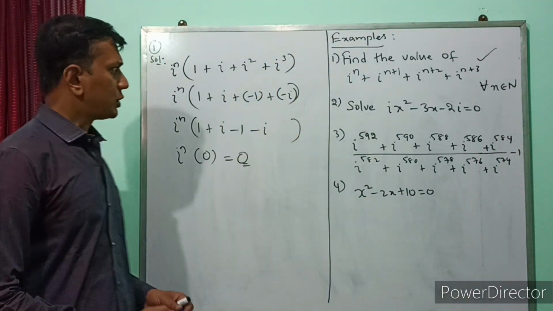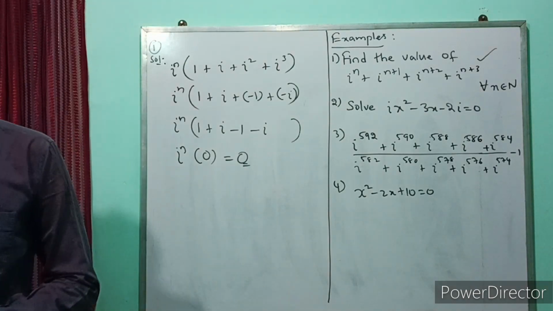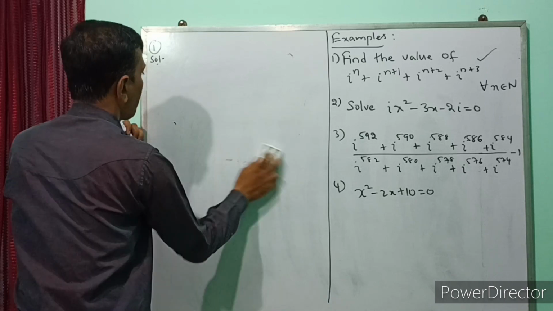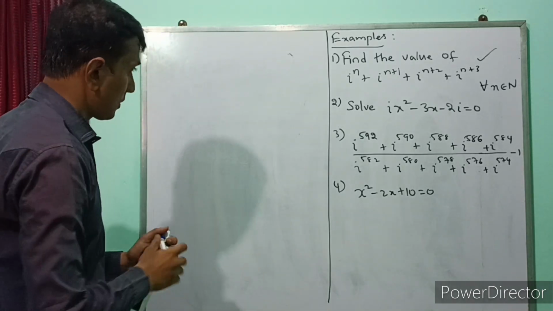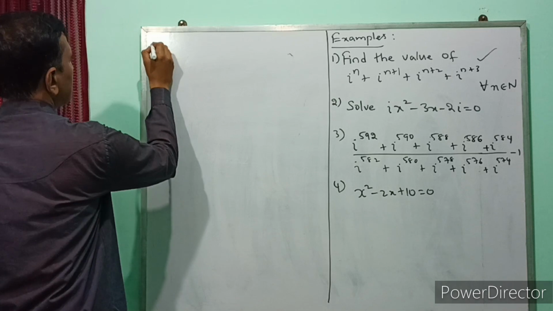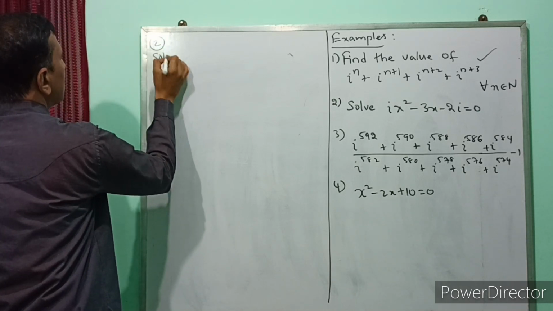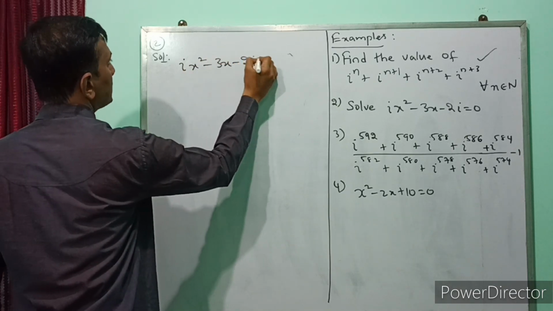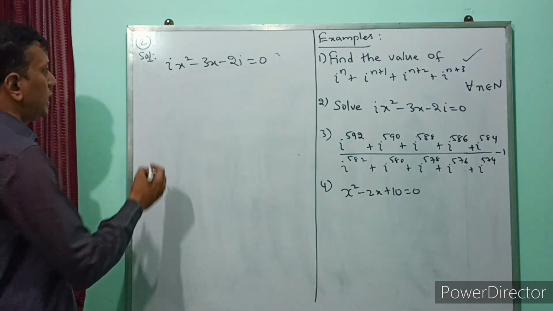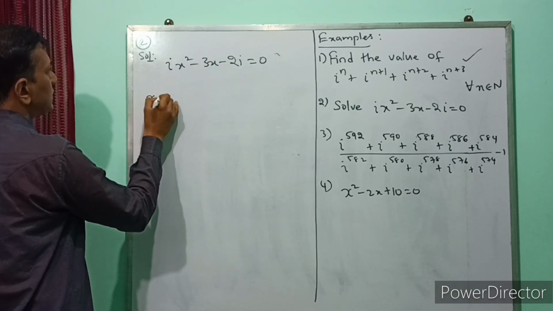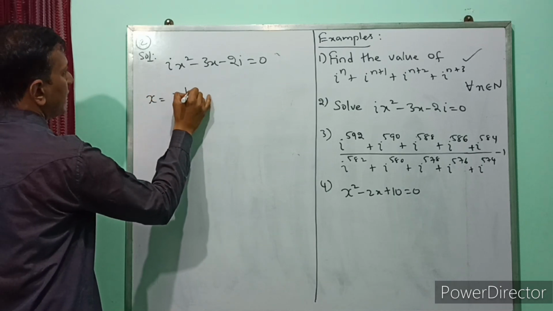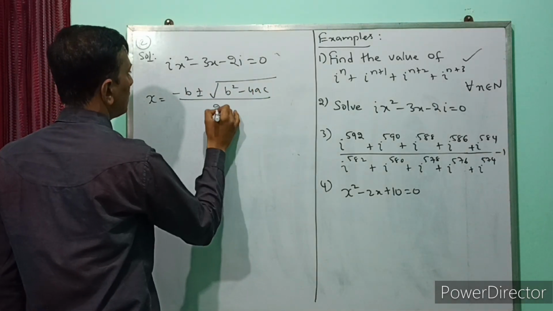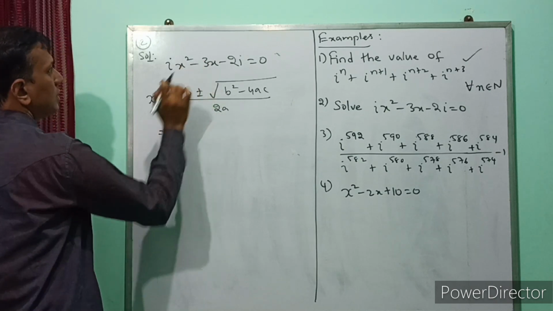Let us look at the second problem. i x square minus 3x minus 2i. To find the x value, let us use the quadratic formula. What is b here? Minus 3.